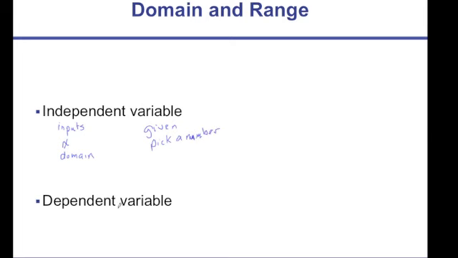That's the independent variable. The dependent variable, this is the outputs. They're called dependent variables because the value they have is dependent on what the x value started with. Sometimes they're the y's. Sometimes we'll see function notation of f of x. These are the range values, and they are based on the given independent variable.